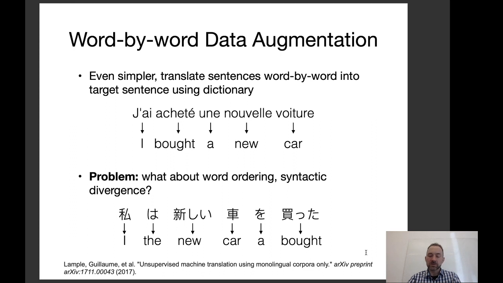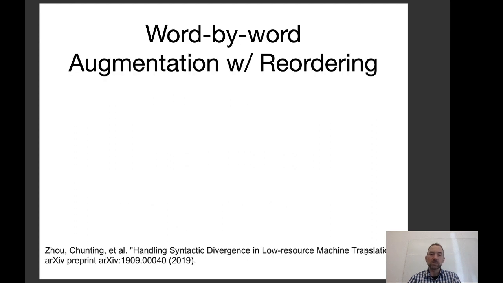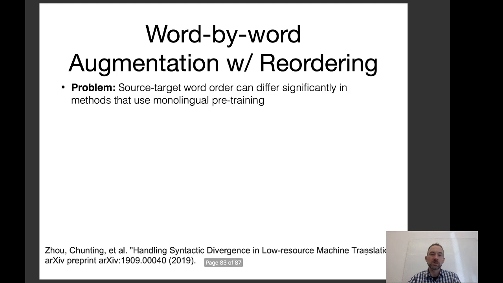So how do we handle this problem? One way we can do this is word-by-word augmentation with reordering or other resolving of syntactic differences between the two languages. As I said, the problem is that source-target word order can differ significantly.